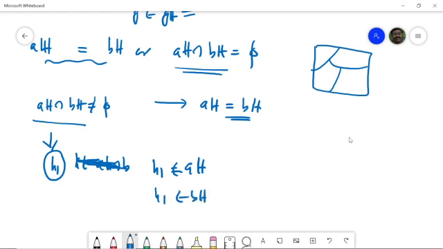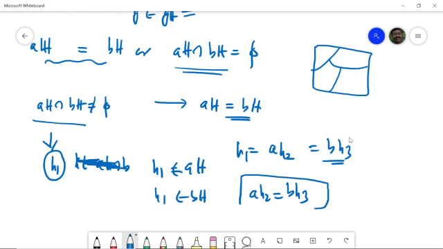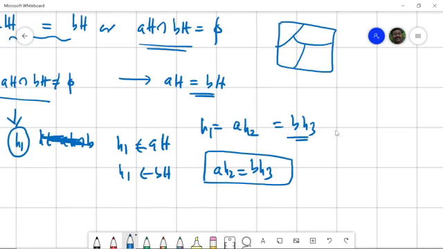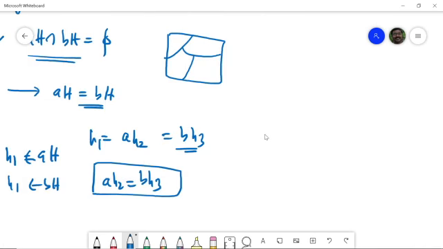Since h_1 lies in aH, I can write it as a h_2. Since it lies in bH, I can write it as b h_3. So I get a h_2 is equal to b h_3. Now we'll show that aH is equal to bH.